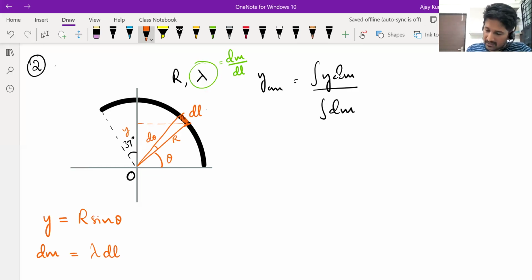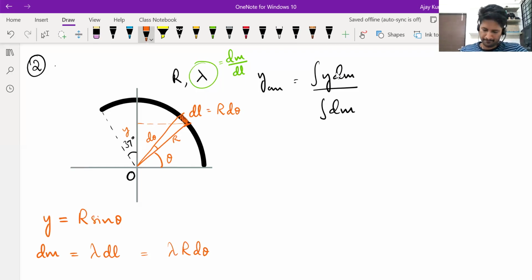But dl is nothing but a small arc. dl becomes r d theta. So dm becomes lambda r d theta. That is what we did in the last derivation also. Hope this point is clear to all of you. If you have a doubt in this, you can ask.